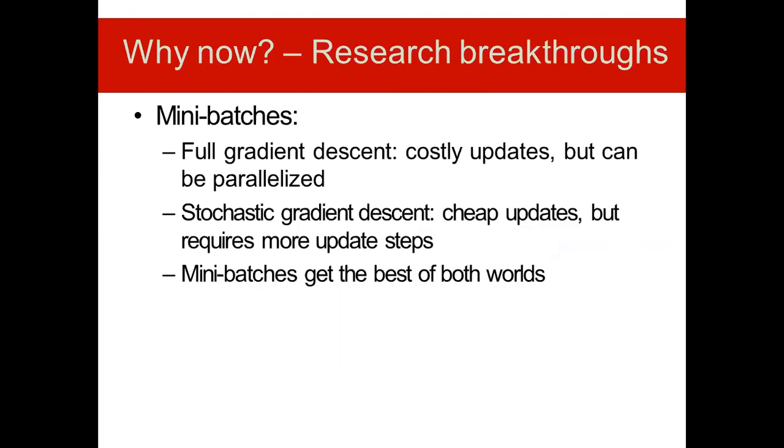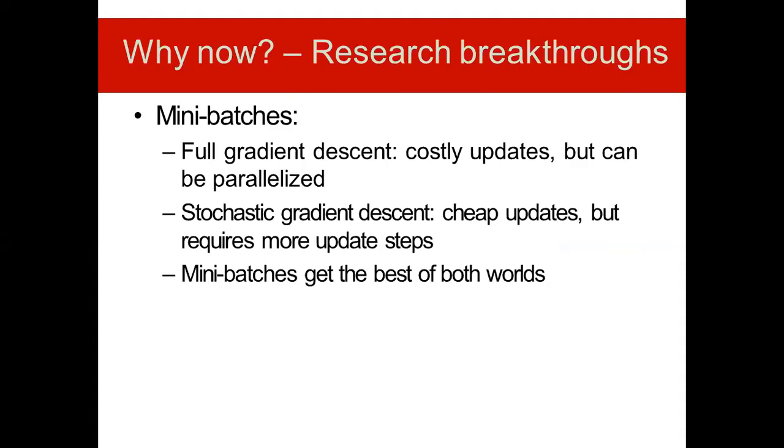And also we have the mini-batch technique, so that we can get the best of both worlds of full gradient descent and stochastic gradient descent. Full gradient descent is very costly, because you have to compute the gradient by looking at all the instances, but the advantage is that it can be parallelized.